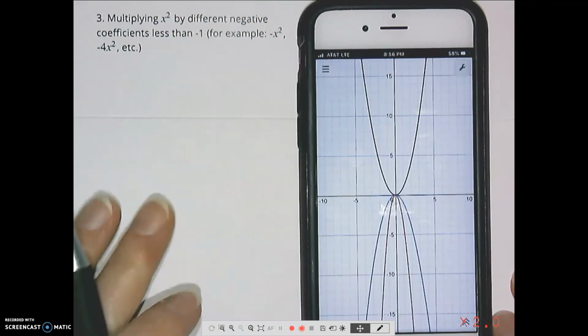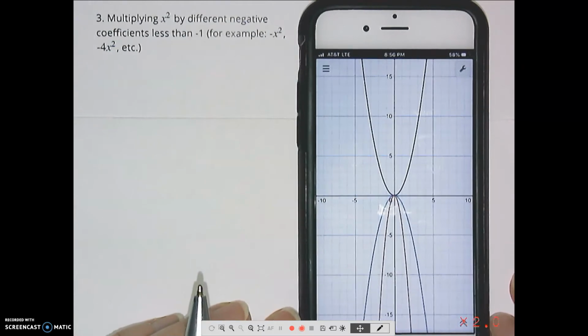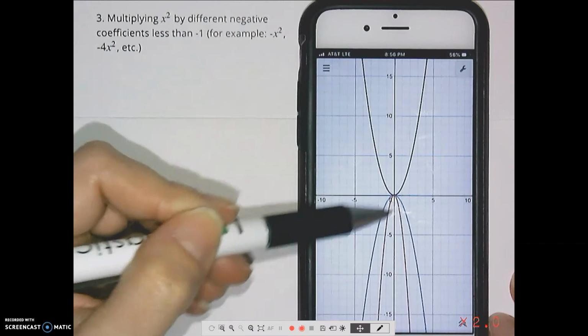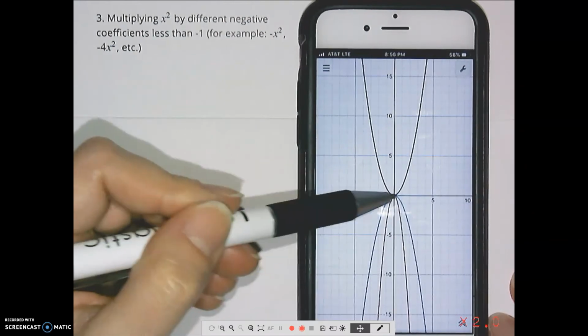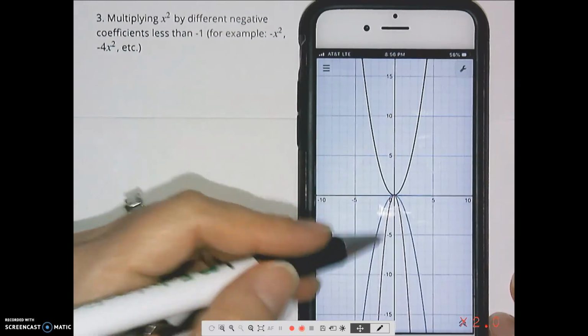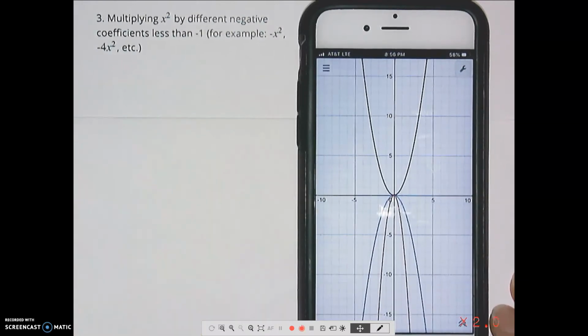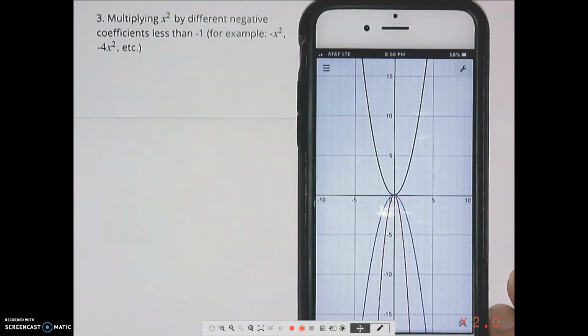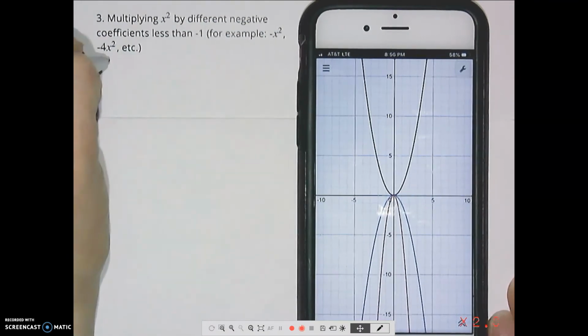As we're looking at this, what do you notice? Well, if we look at the original, and then we look at negative x squared, those are the same width. They're both the same width here, but what happened to the graph? Yeah, reflected across the x-axis. So multiplying by a negative makes it flip over.